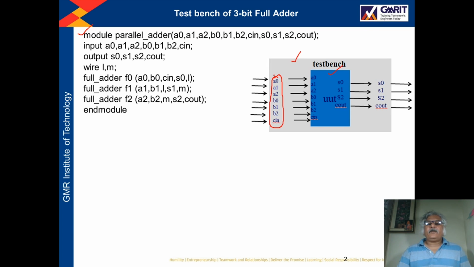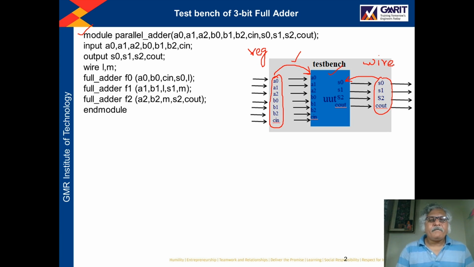These ports of the test bench are connected to the input ports of the parallel adder, and they must be declared as reg type in the test bench. The ports of the test bench which are connected with the output ports of the unit under test should be declared as wire type.